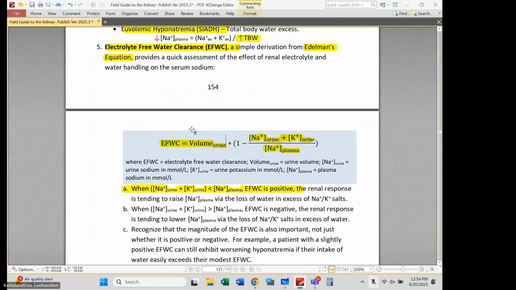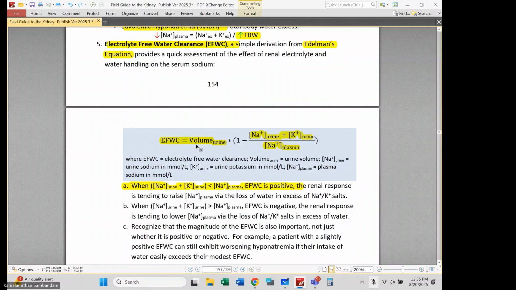Okay, and so your electrolyte-free water clearance is small, no matter what your urine electrolytes look like. And so you can just jump to the punchline: hyponatremia, etiology, AKI, management, fluid restriction. Okay, don't tell me, well, this is hypervolemic, hyponatremia, blah, blah, blah. That's not relevant, okay? Just oliguric AKI, okay?